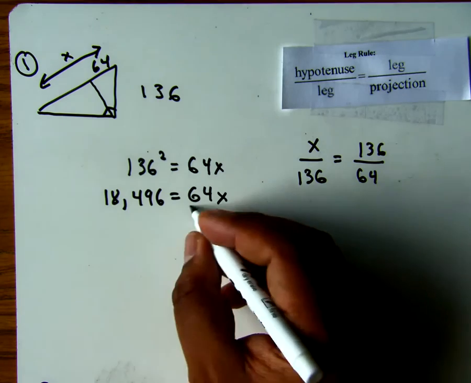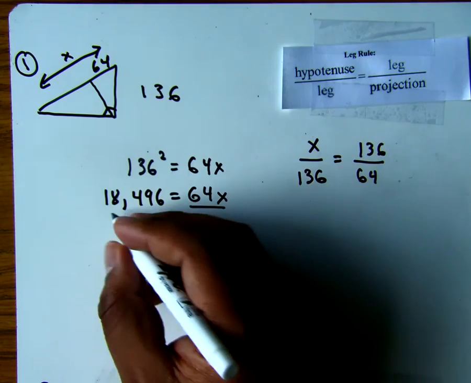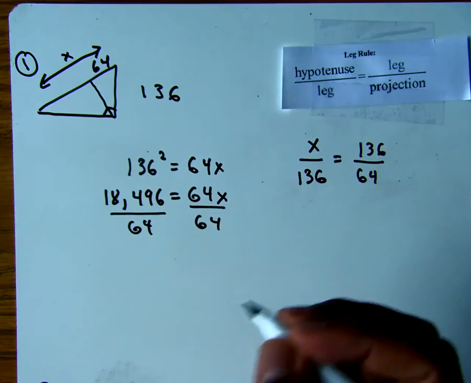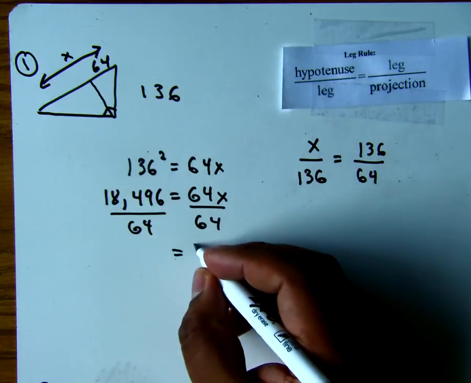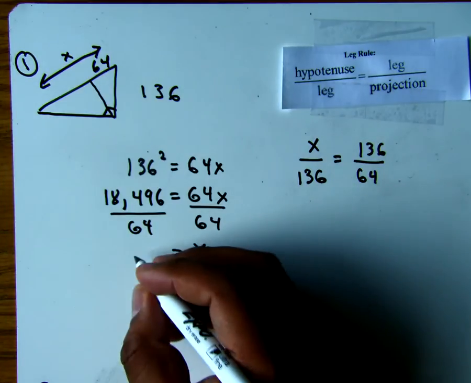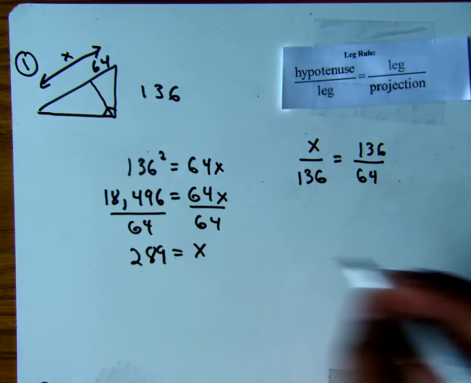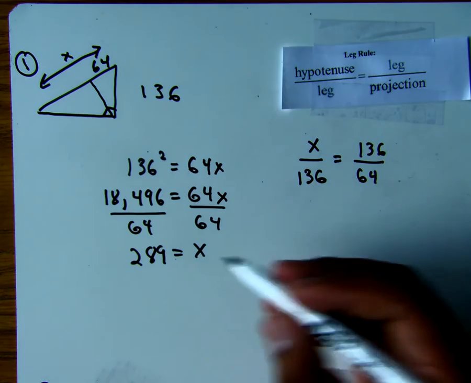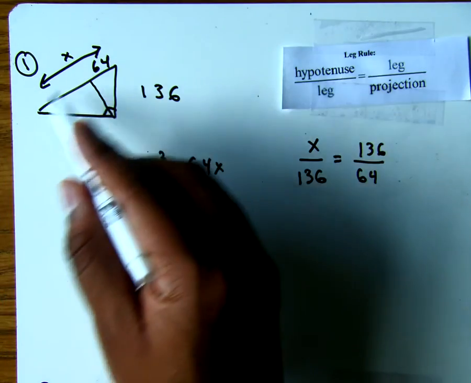And now we're just going to divide by 64, and cancel out my 64, leaving x is equal to 289. So 289 is my missing hypotenuse here.